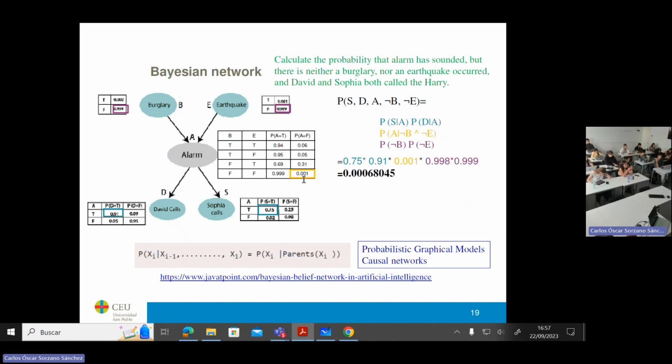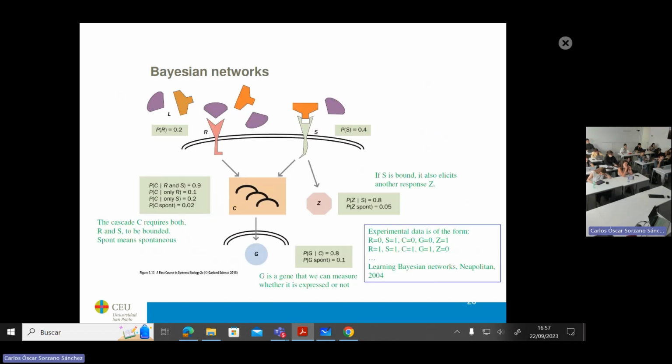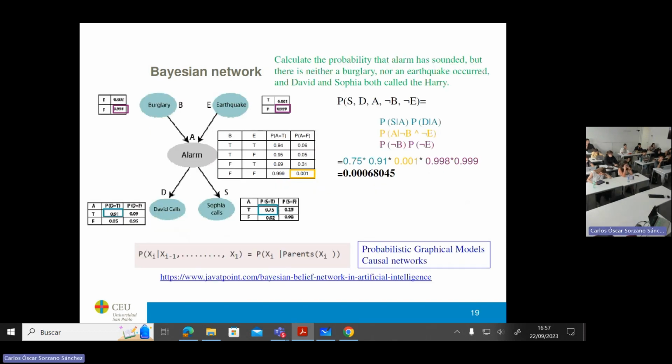So David calls you if the alarm sounds with probability 0.91. Okay, good. And then David calls you if the alarm has not sounded, probability 0.05. And these ones are the opposite. So if the alarm sounds, either he calls you or he doesn't. Okay, so by rows, the sum has to be 1.